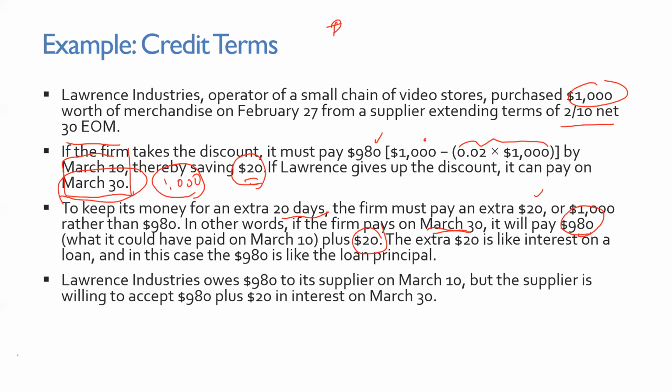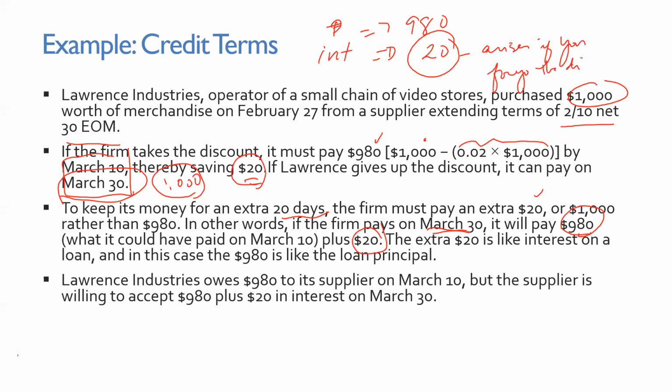Because your principal essentially is 980, your interest essentially is 20, right? And that interest of 20 arises if you forego the discount. Okay? So that's why essentially giving up credit terms is tantamount to borrowing from your suppliers.